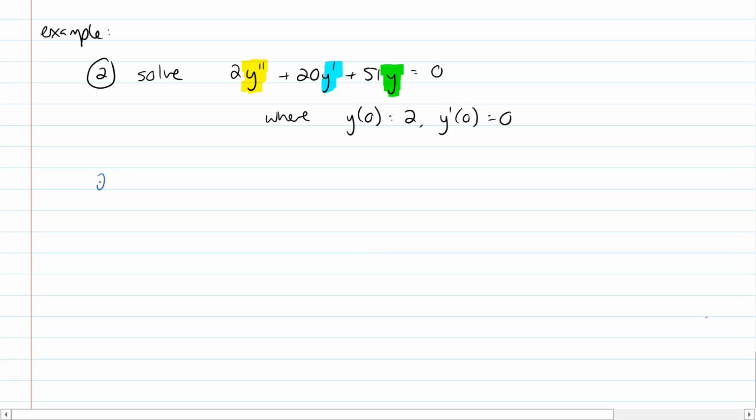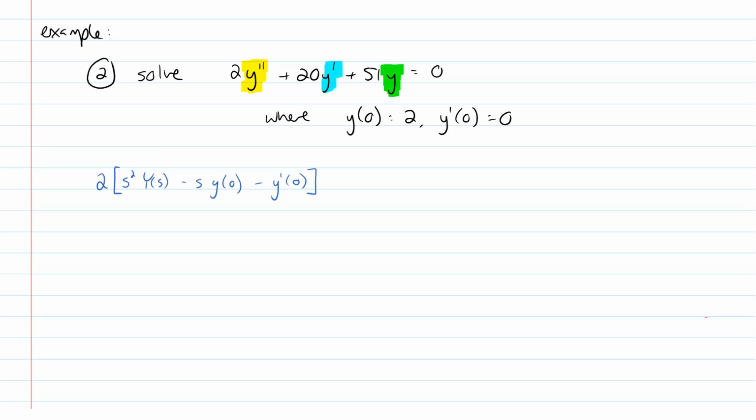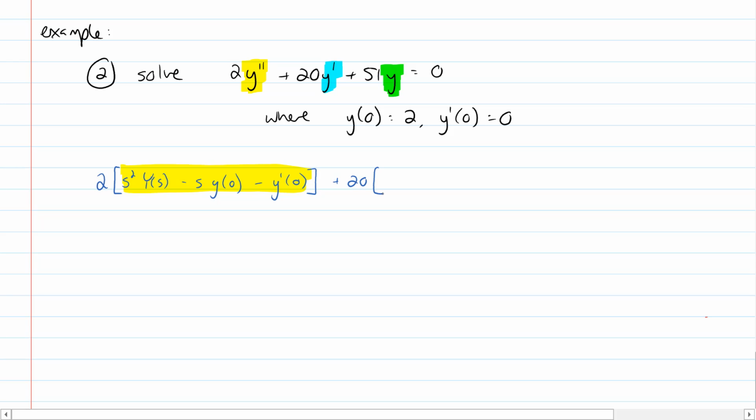And so we're going to get 2 times [s² Y(s) − s y(0) − y'(0)], where everything inside the square brackets is the Laplace transform of y'', plus 20 times [s Y(s) − y(0)].